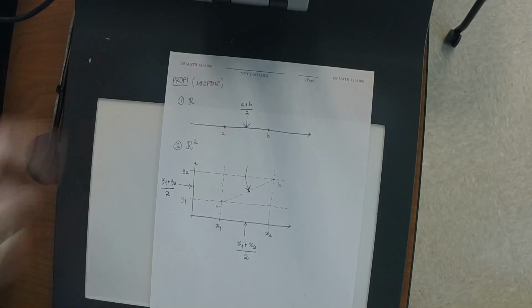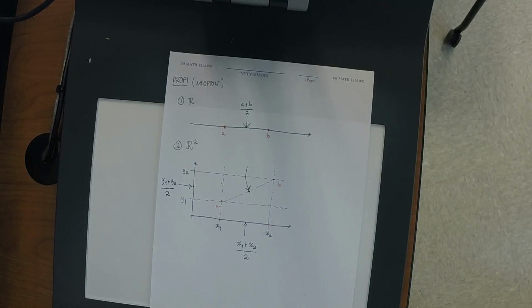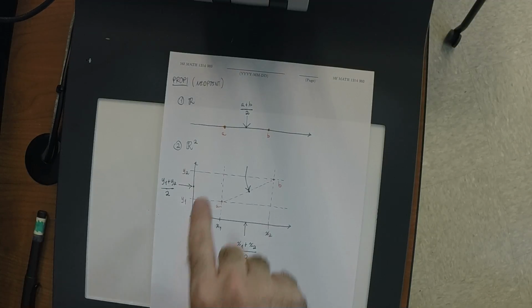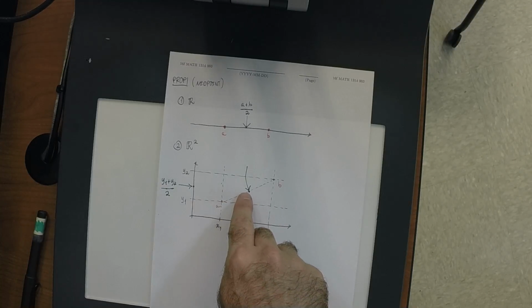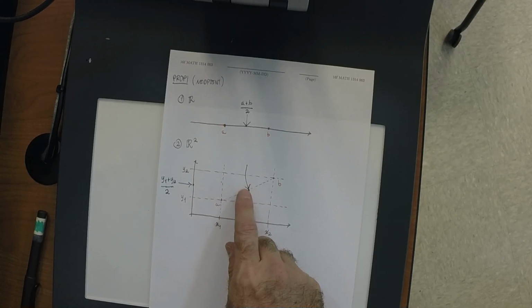And so now that I have all the relevant bits drawn, who can tell me the punchline? What do you think? So this is the point that we want. Because this is a point on the plane, how many numbers does it take to describe it? 2, right? A first coordinate and a second.